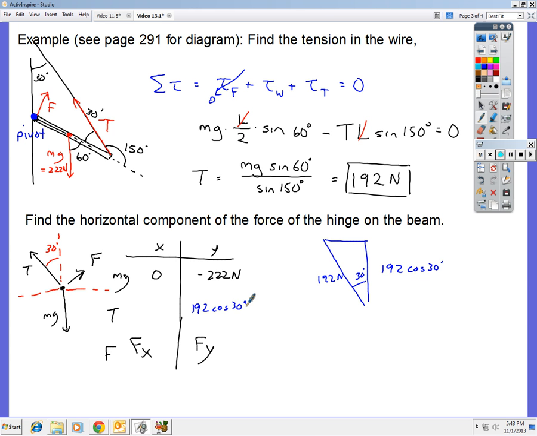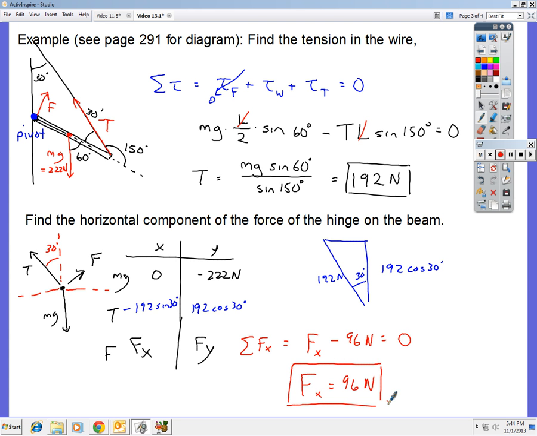And its x component is negative 192 sine 30 degrees, which works out to be 96 newtons. And so then we sum all the x components, so Fx minus 96 newtons equals 0. And so we say that the x component of the unknown force is 96 newtons.